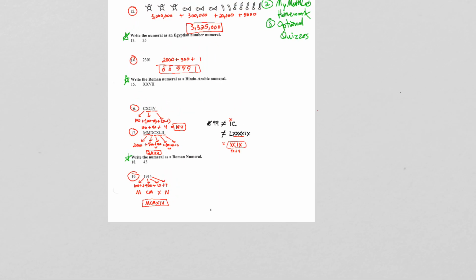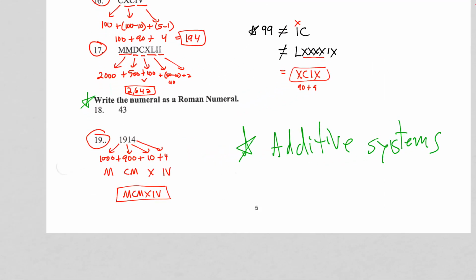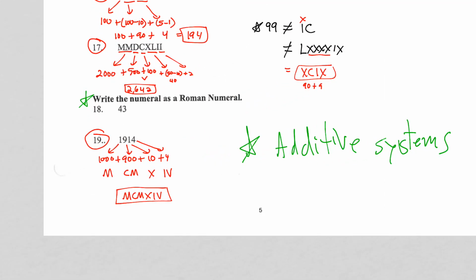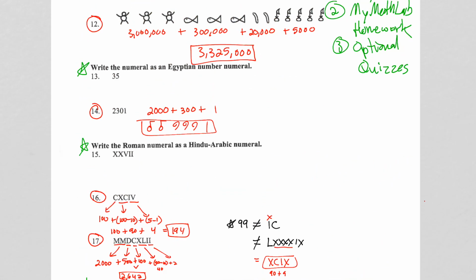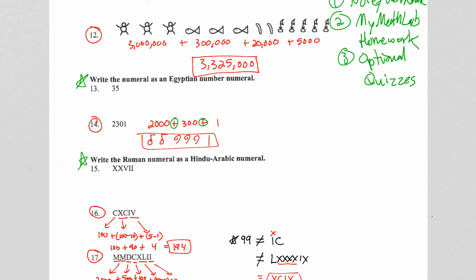Okay, so that takes care of basically Egyptian and Roman numerals. So remember that these two are additive systems, because notice what we're doing is we're adding, and we're adding.